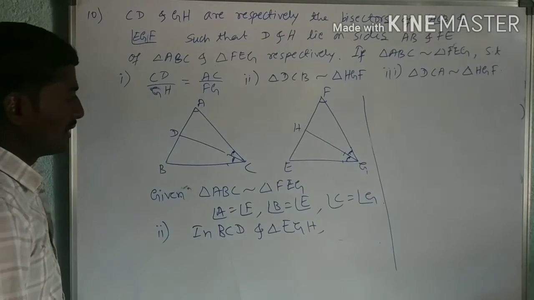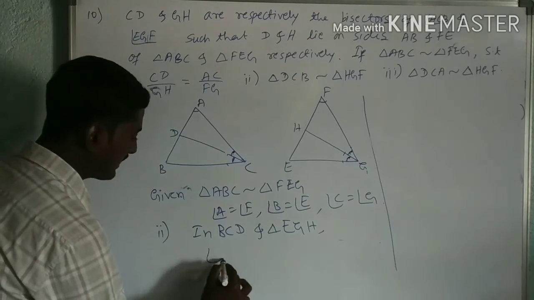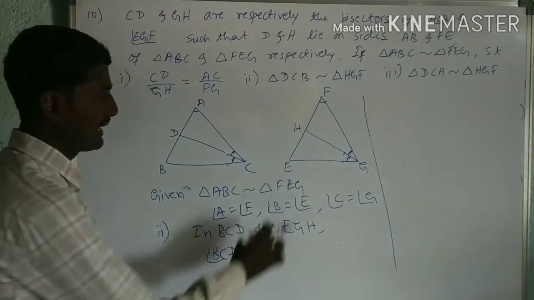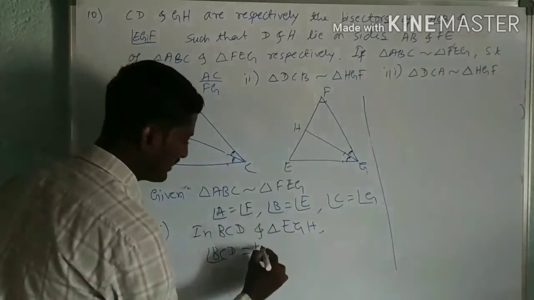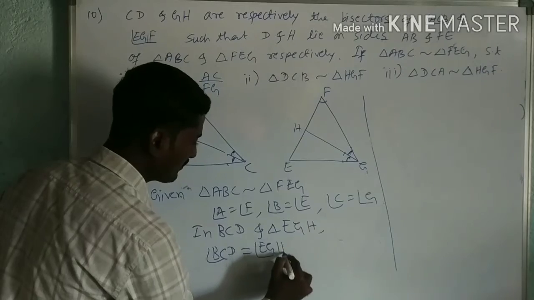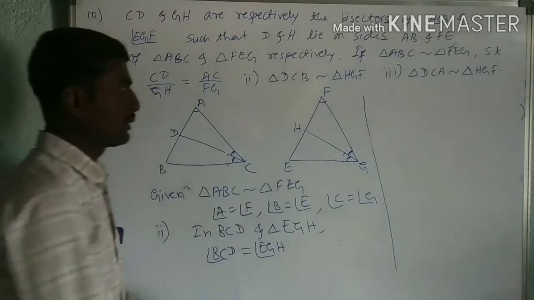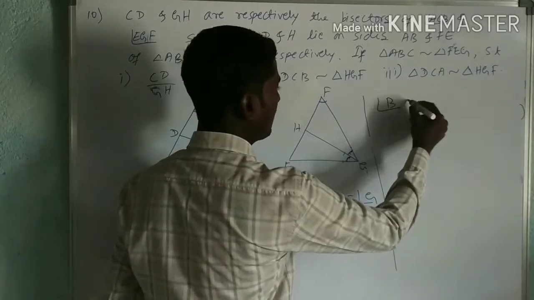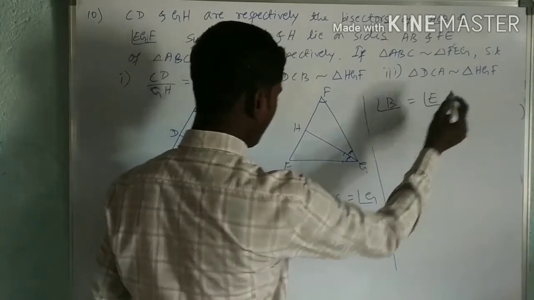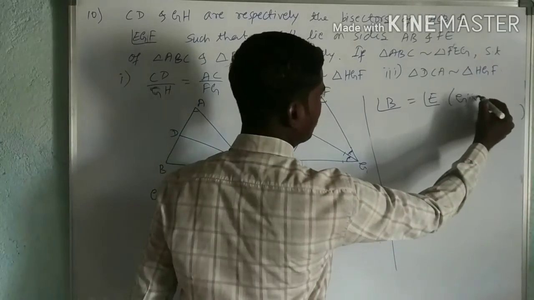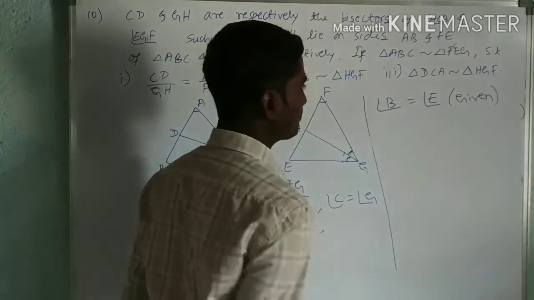angle BCD is equal to angle EGH. One condition I got. Second condition is angle B is equal to angle E, because I already proved here. So I'll write it as given or proved.